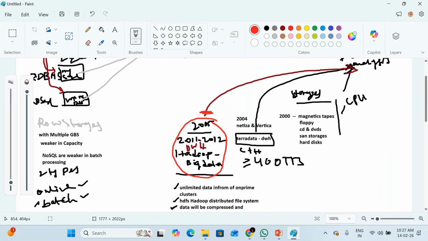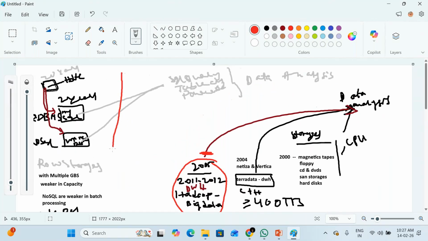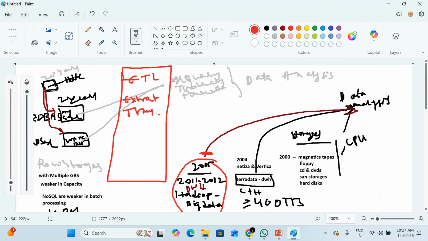You got my point? That's why they used to decide that filtering. Filtering means ETL. Did you hear about ETL? Extract, transform, and load.